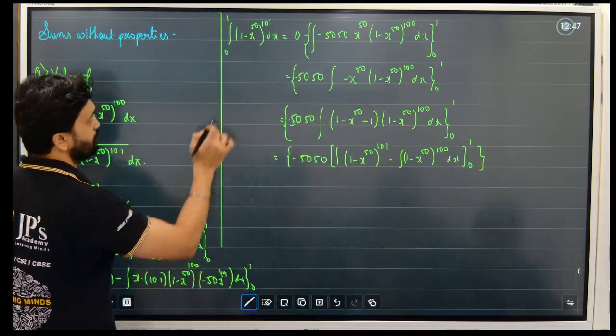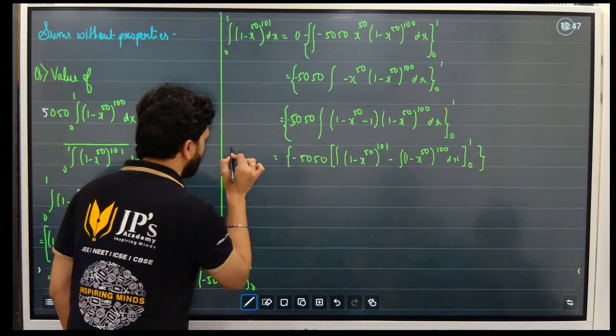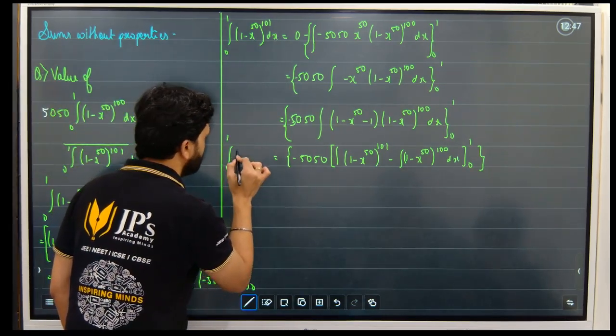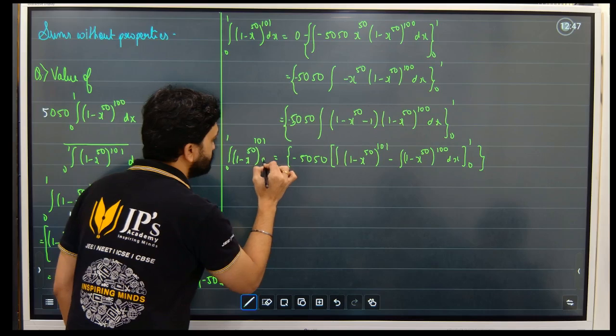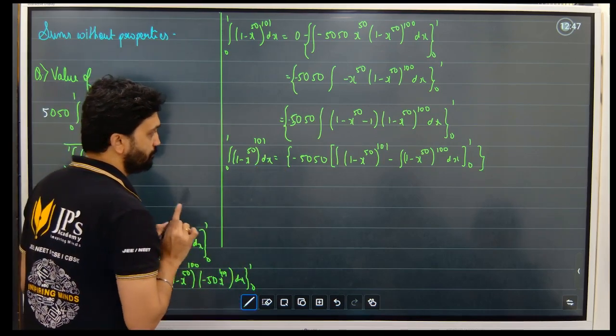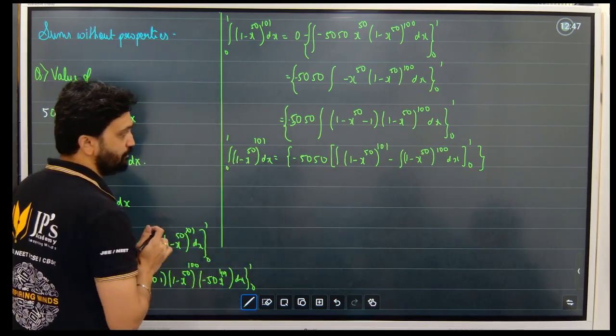Okay, look at the left hand side, what is there? Integration 0 to 1, (1 minus x raised to 50) raised to 101 dx. Now if I open the bracket, this term will come on the left hand side.